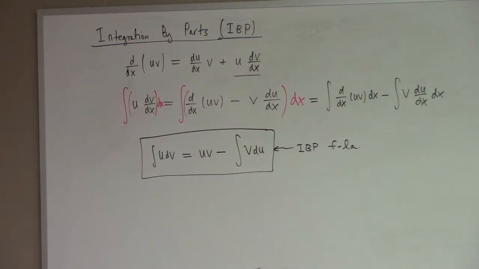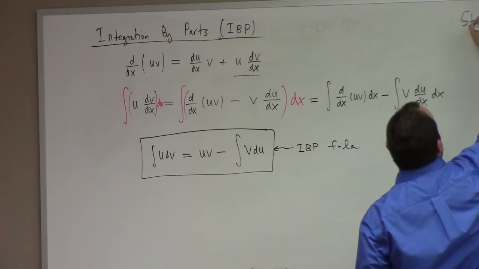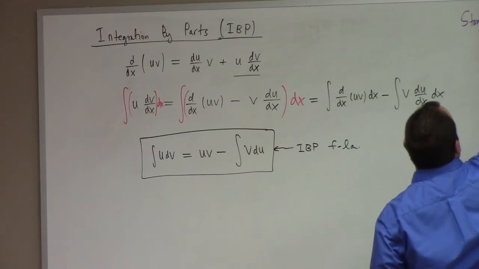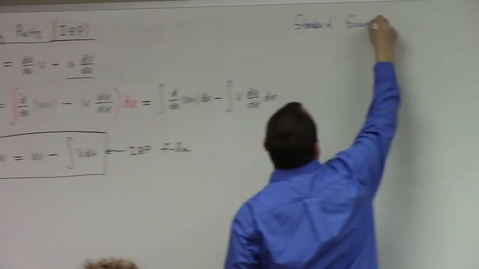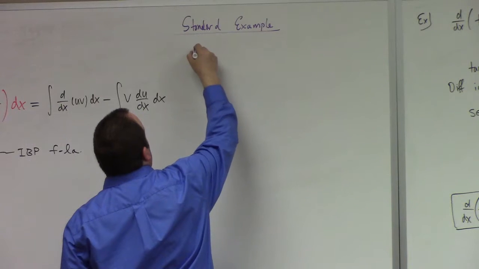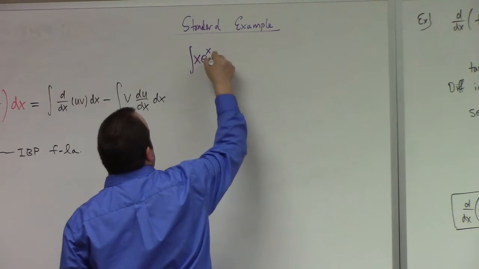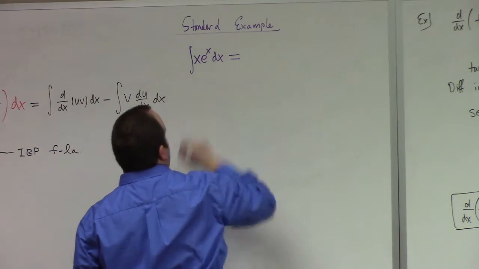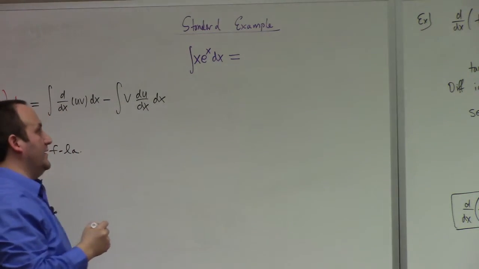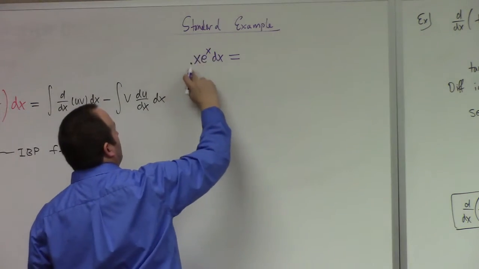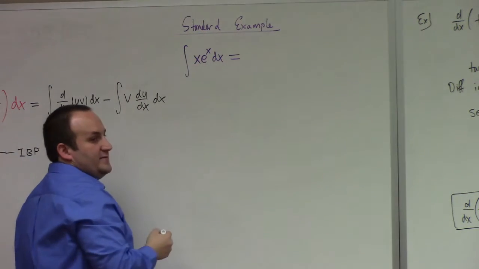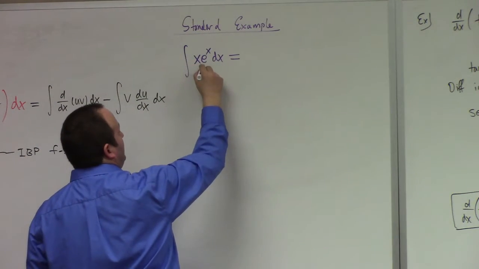I will now show you the standard example. This is the quintessential example of integration by parts. So here we go. Integrate x e to the x dx. What I'm going to do is tell you what my u and my dv are.